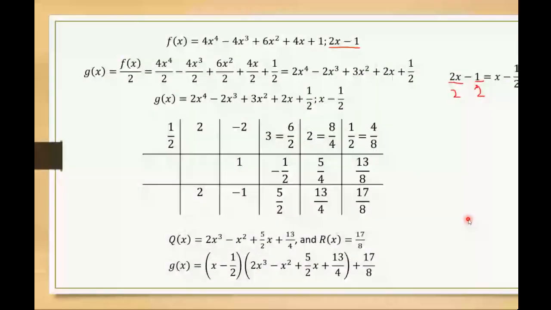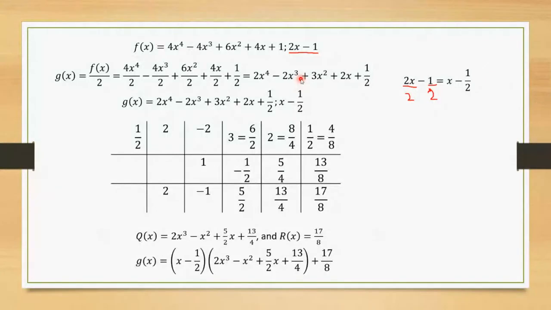Okay, so here's the next one. Again, this is our f. This one's a little bit different because we're dividing by 2x minus 1. Remember, with synthetic division, you want the leading coefficient of the divisor to be 1.